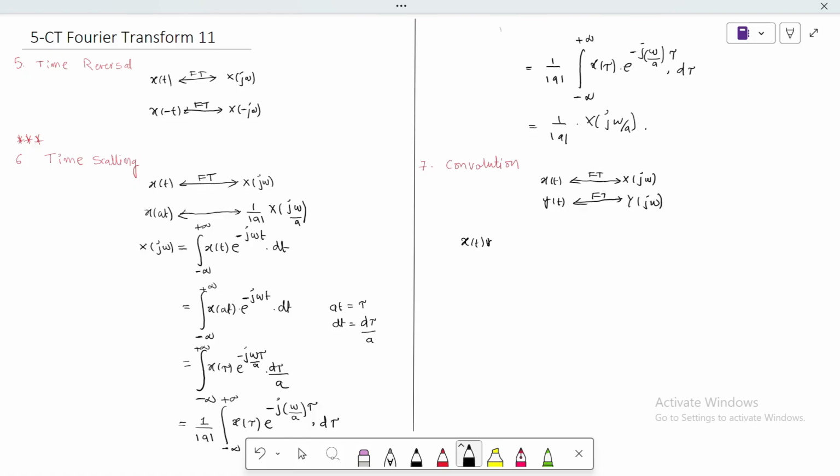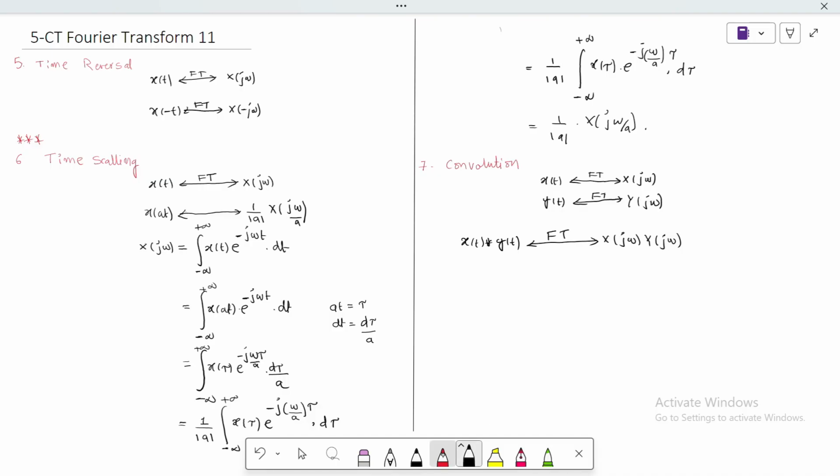Convolution in the time domain corresponds to multiplication in the frequency domain. So the Fourier transform equals x of j omega times y of j omega.